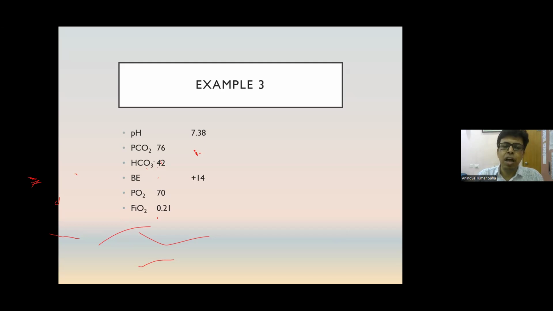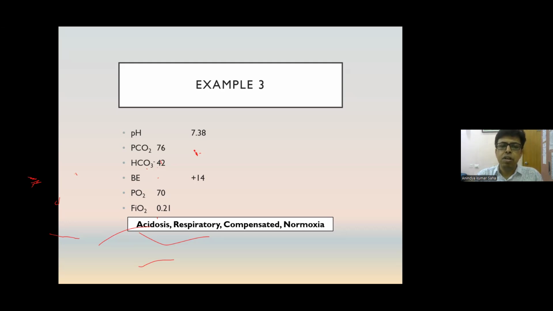It is showing high bicarbonate, so there is some metabolic alkalosis. The pH is nearest to the lower range, so I have to call respiratory acidosis the primary thing, and it is compensated near normal with the bicarbonate, which is metabolic alkalosis. Again, here is normoxemia.